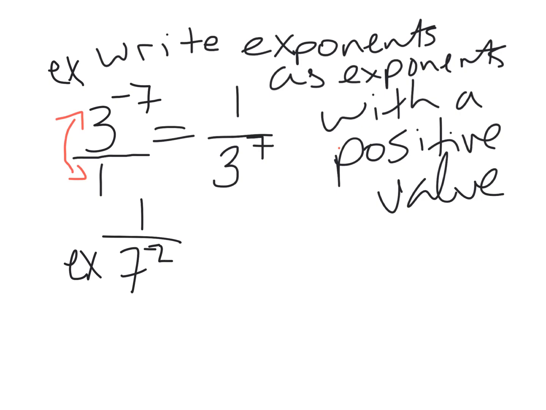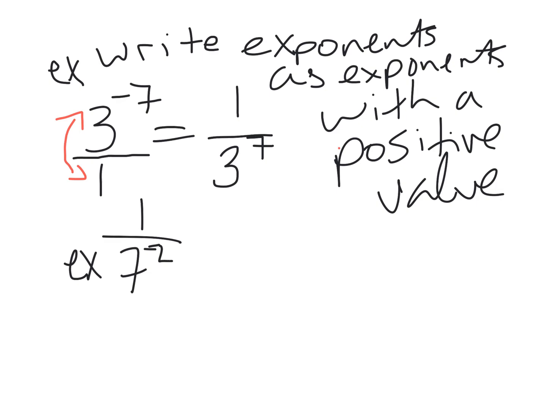But you notice that we've gotten rid of that negative sign, and it's no longer there. This is true because of what we did on the last slide, where you know that any number with a negative exponent becomes 1 over the same number with the exponent no longer negative.